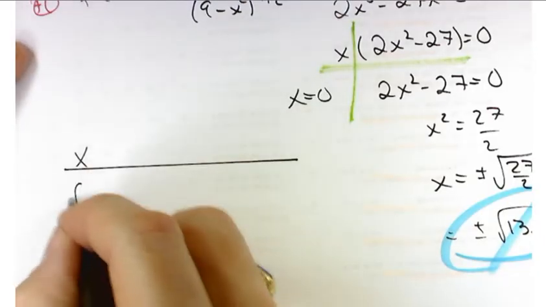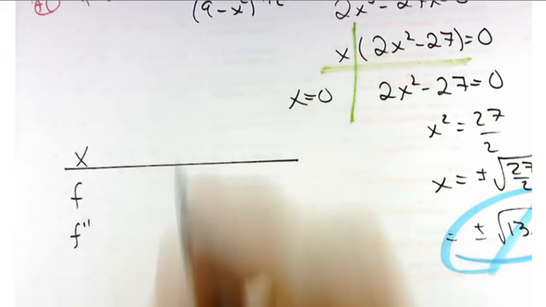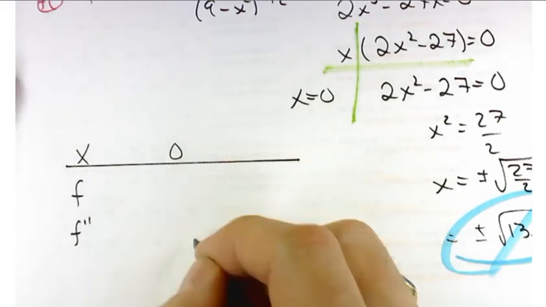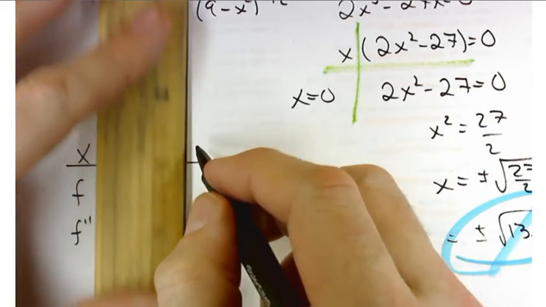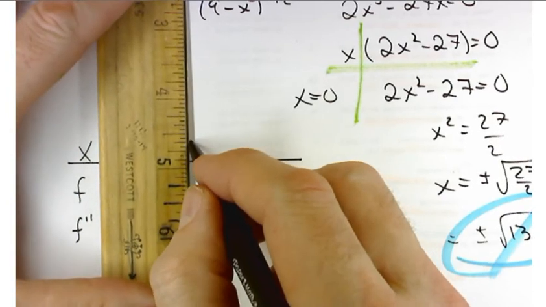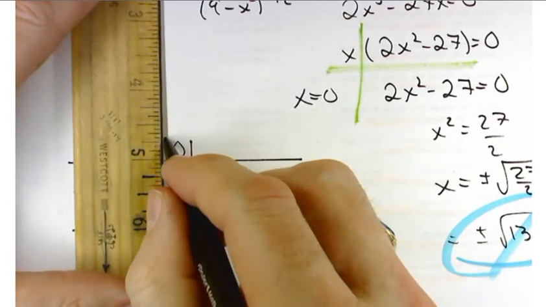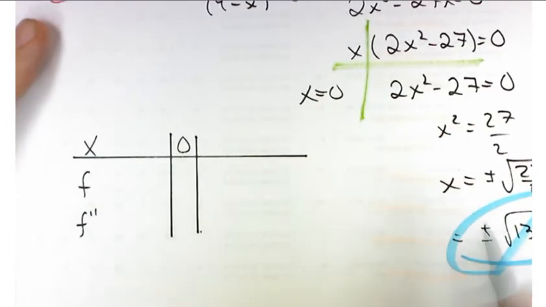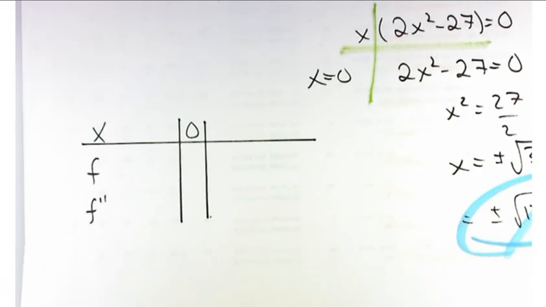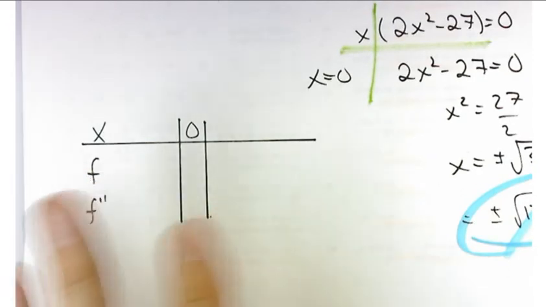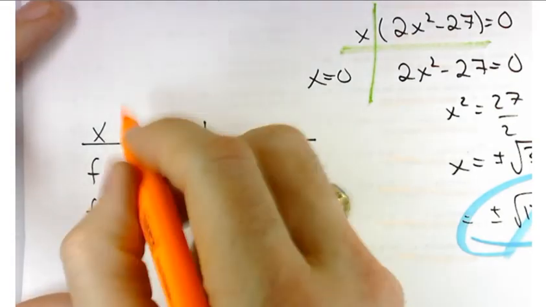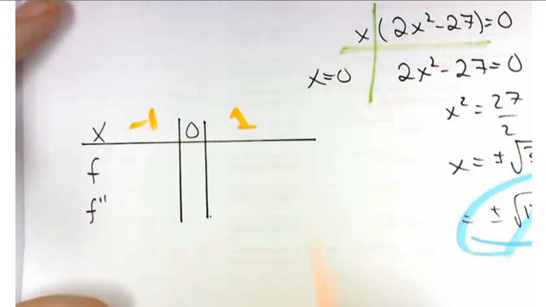X, f prime, zero. Let's draw ourselves a little box. Here we go. And we need to test points in our second derivative, so we figure out where it's concave up and concave down. I don't see anything wrong with -1 and 1.